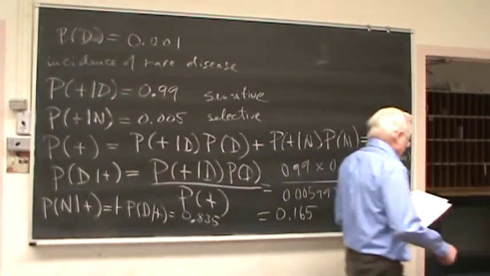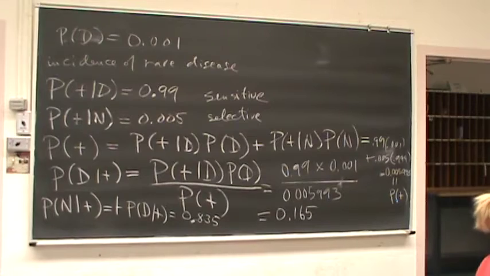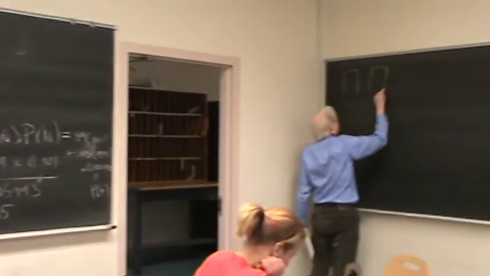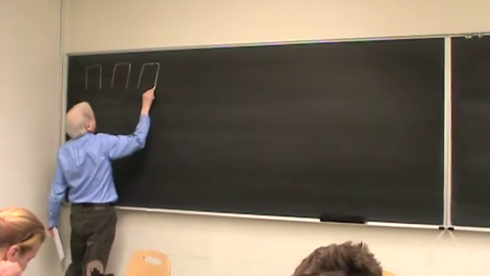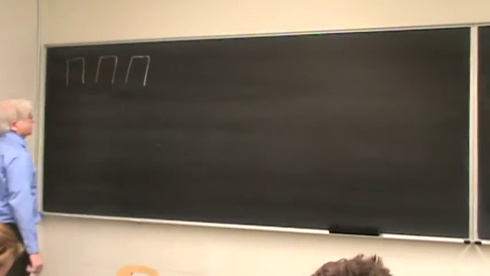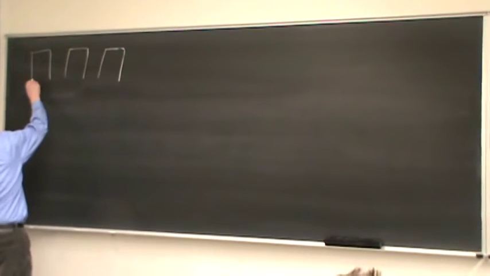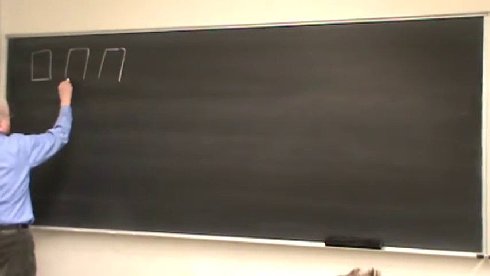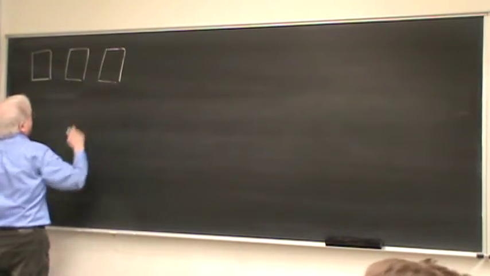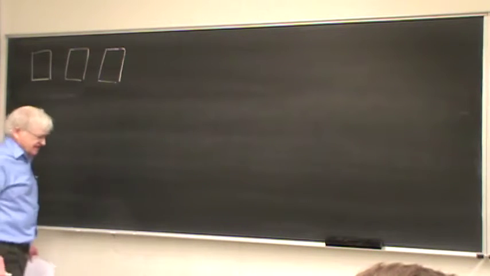Okay, so here's the 3-door problem. We've got 3 basically rooms. One of them has a prize, and there are 3 doors, obviously. And a contestant is told, okay, there's a prize behind one of them, in one of the rooms, the other 2, nothing.